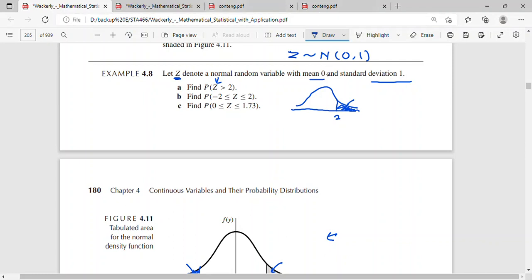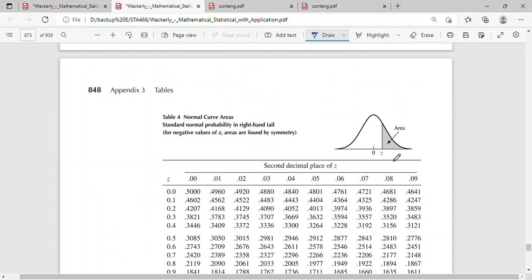Okay, yang kedua, nak cari nilai probability of Z in between -2 and +2. So nak cari satu lagi value di antara positif 2 dan -2. Sebelah negatif dan sebelah positif. So di sini kita nak cari nilai probability. So what to do is, okay, so yang kita tengok nilai dalam table tu, dalam table adalah table nilai more than.